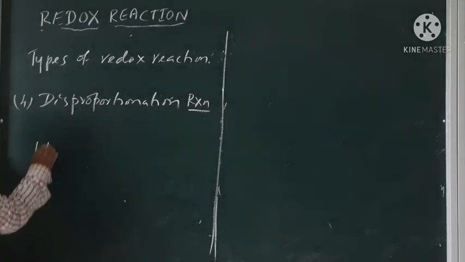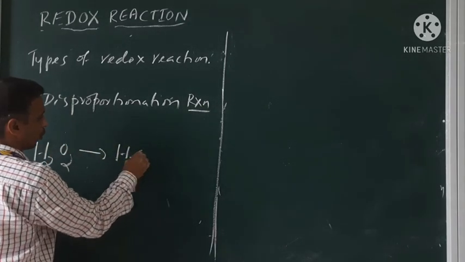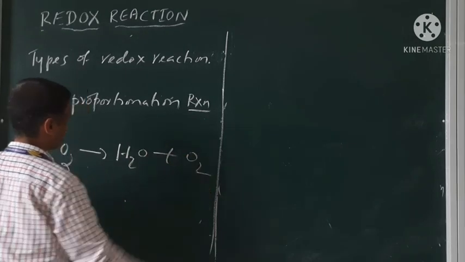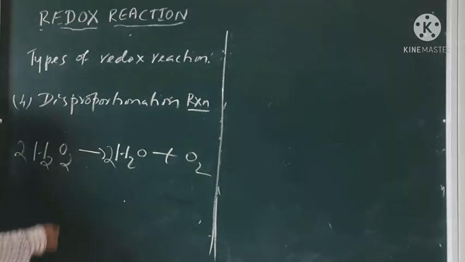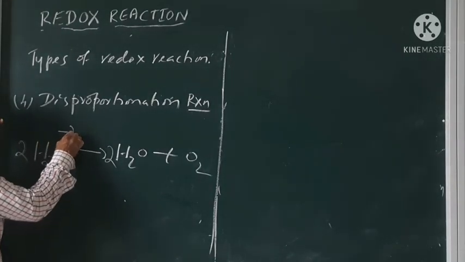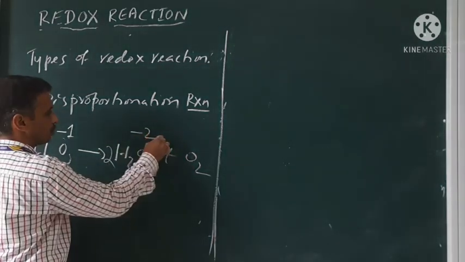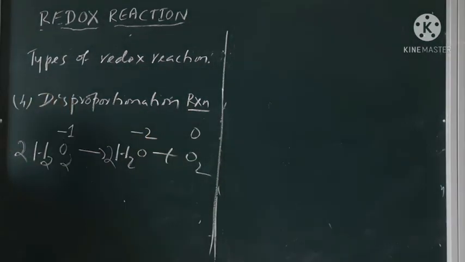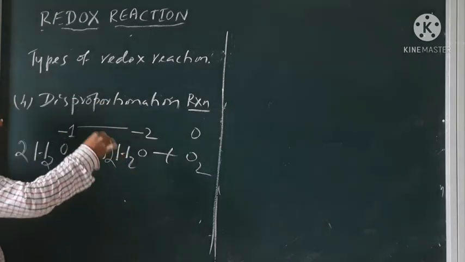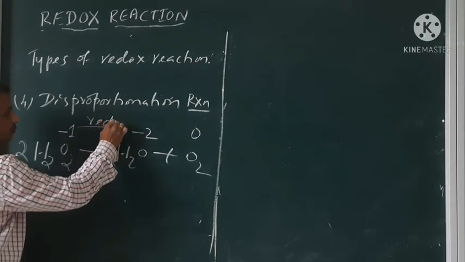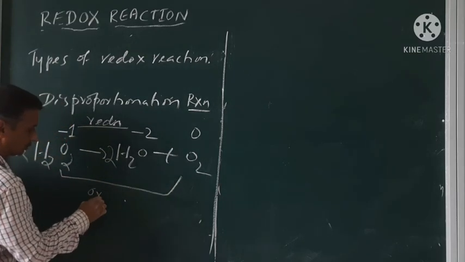So, H2O2 giving H2O plus O2. Here oxygen is in the -1 state, here -2 state, here it is 0. -1 to -2 is a decrease in oxidation number, reduction. -1 to 0 is an increase, oxidation.